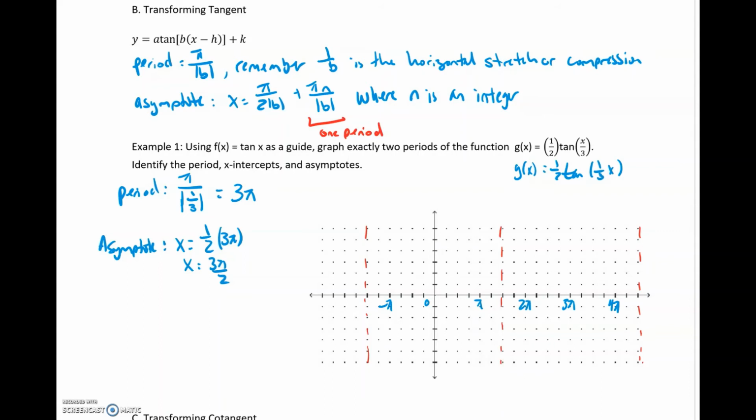So again, you can just add and subtract 3 pi, which I'll show you next, but you can also figure this out from the graph, which is kind of up to you how you want to do that. My first asymptote that I started with was that one in the middle, x equals 3 pi over 2. So the next asymptote I could do is 3 pi over 2 plus 3 pi. Remember, 3 pi is the same thing as 6 pi over 2.